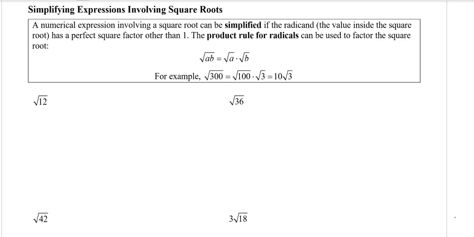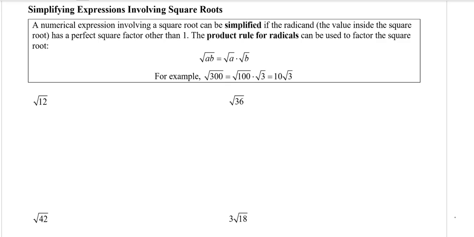So for example, if I had the square root of 300, I know 100 goes into 300 evenly. 100 times 3 is 300. And that's helpful because 100 is a perfect square. So I can rewrite the square root of 300 as the square root of 100 times the square root of 3. And then the square root of 100 is 10, so we have 10 times the square root of 3.